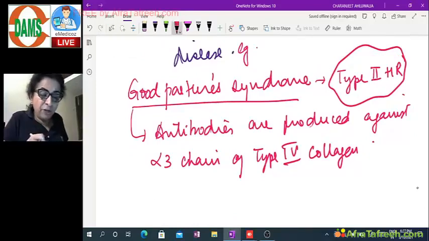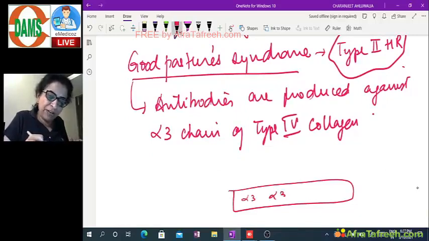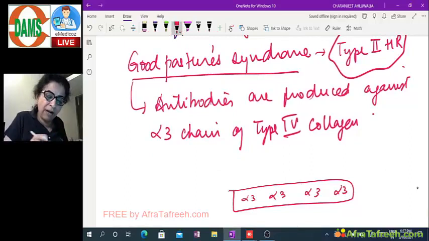So where do you find type 4 collagen? Our basement membrane has type 4 collagen. This is the basement membrane of the kidney, and this is the alpha 3 chain of type 4 collagen. In Goodpasture syndrome, antibodies are produced against this alpha 3 chain.